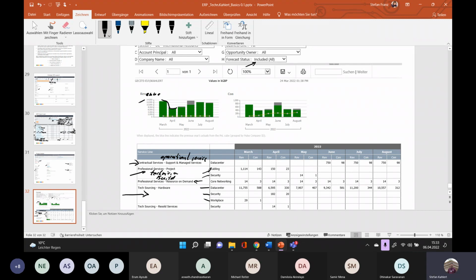But here it goes down, then it recovers a bit, and in June it goes up again. And you see here, these are two types of business. And here, this gray field is, which is not decided yet. And in July, you see kind of a flat line. And the same is here for, this is the profit on this.